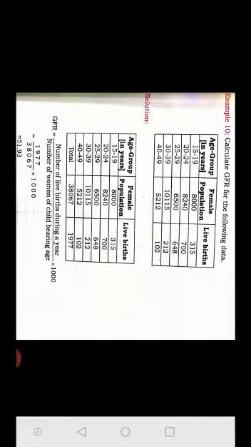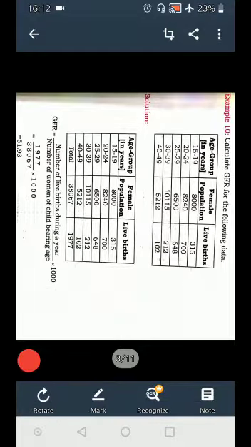Now, what is the formula for general fertility rate? It says that number of live births during a year divided by the number of women of the childbearing age into 1000. See children, you have to be very specific. When they have told that you have to take the female population of the childbearing age, that is 15 to 49, and in this example also they have clearly mentioned the values between 15 to 49.